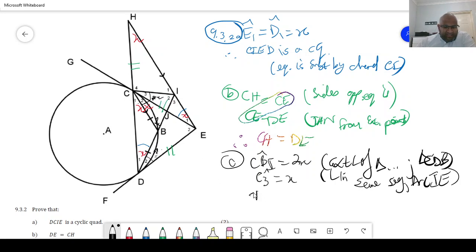Then angle I1, as we said, we're going with alternate angles there. So I1 is equal to 2x. Why? It's alternate angles with HE being parallel to CB.